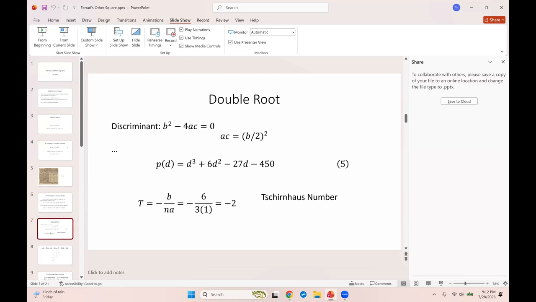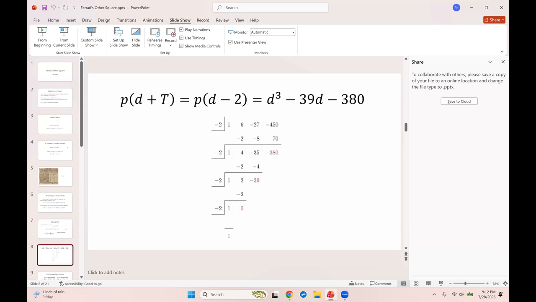Now, one of the things that I'm trying to share with you today is a technique for solving equations that involves a Chernhouse number, and you'll see what it does for us in a little bit. But in this case, we came up with a Chernhouse number of -2. It's the negative of the second leading coefficient divided by the first coefficient times the degree of the polynomial.